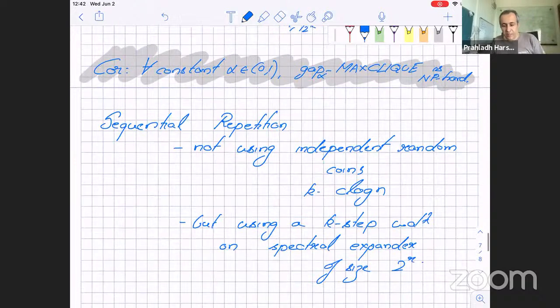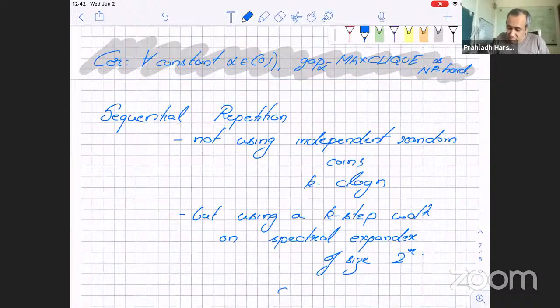If you do it on that, the randomness needed is not so much, it is c log n plus order k. You can get the same error reduction, not with the multiplication of k, but with the additive k factor, and not with the multiplication. This is something you can do with sequential repetition, in which you don't pick up the coins independently, but you pick up the coins in some correlated fashion by walking on an expander.